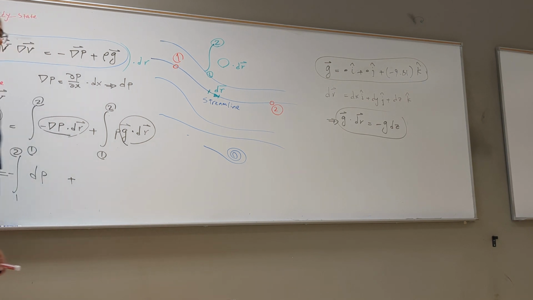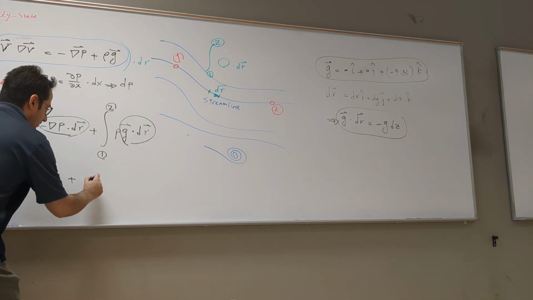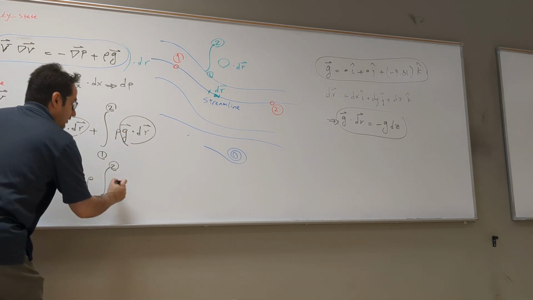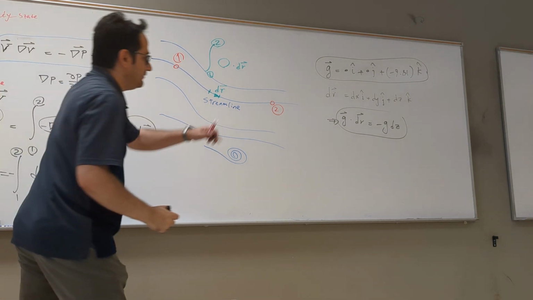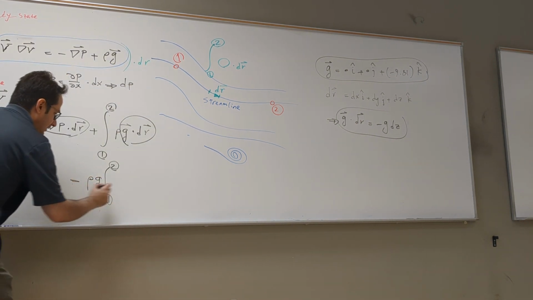You get a negative sign. So for this integral, I take rho out because it's incompressible, from 1 to 2. And then for this term, I just write negative g dz. Also, I take the g out with the negative sign, dz.